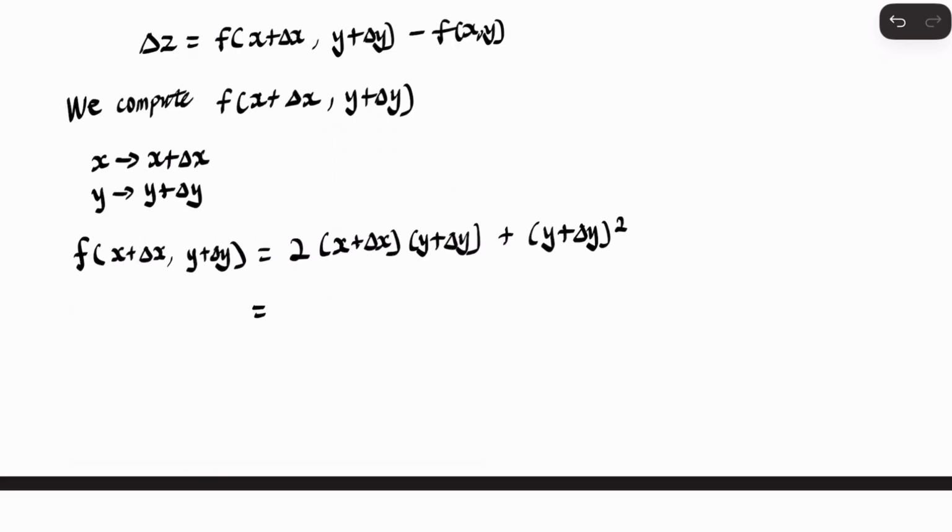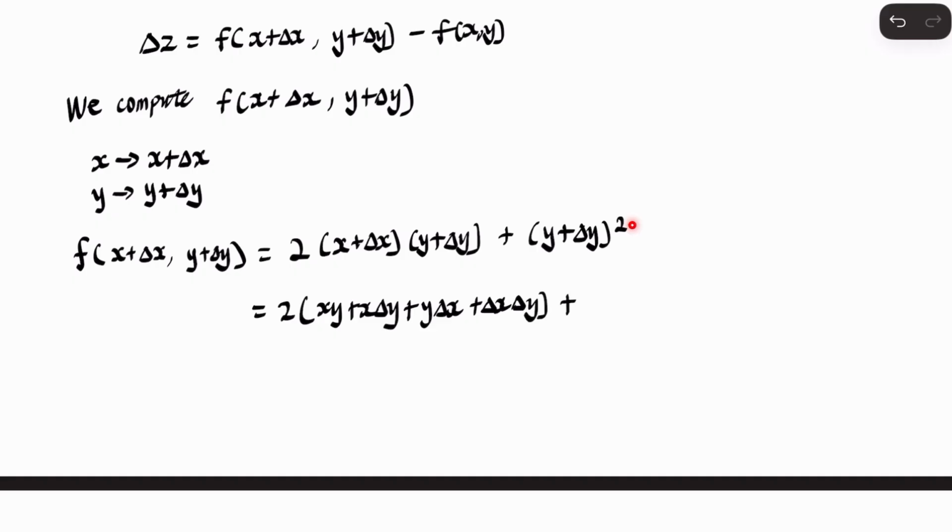Simplifying this, we multiply these terms, which gives us xy plus x delta y plus y delta x plus delta x delta y.